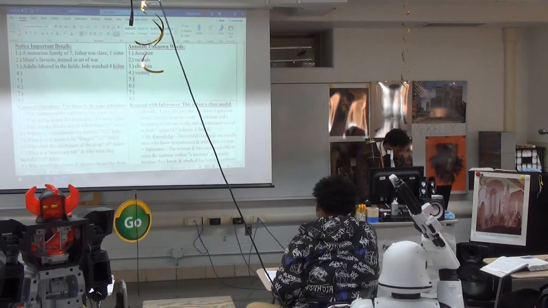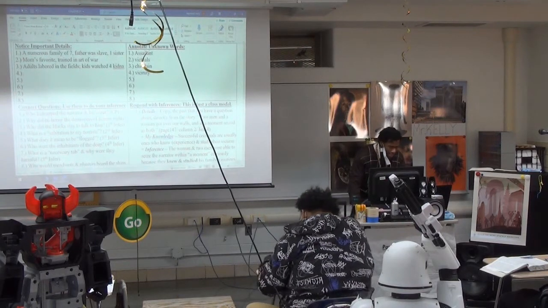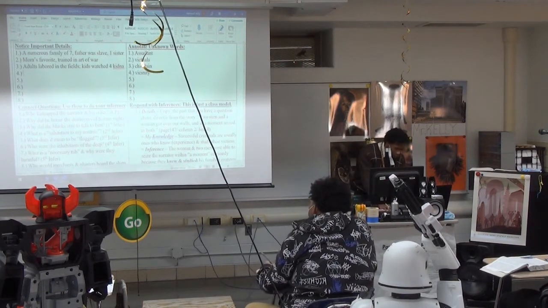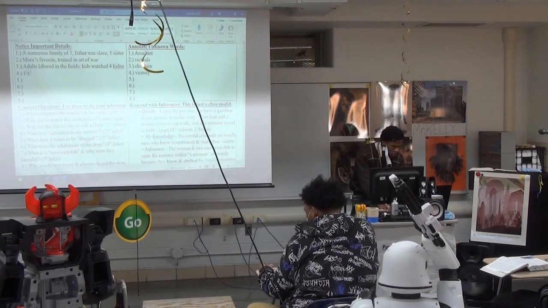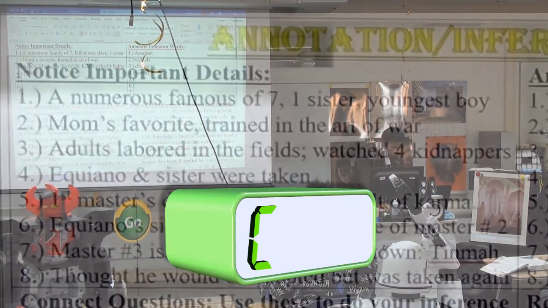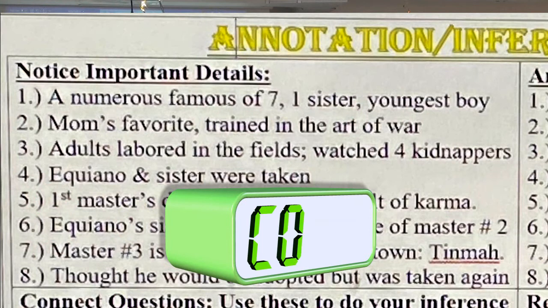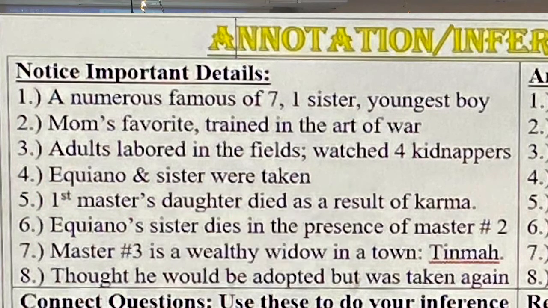So let's first of all put this important idea down. Okay, since we're keeping track of masters, put first master next to number 4. First master's daughter died as a result of karma.